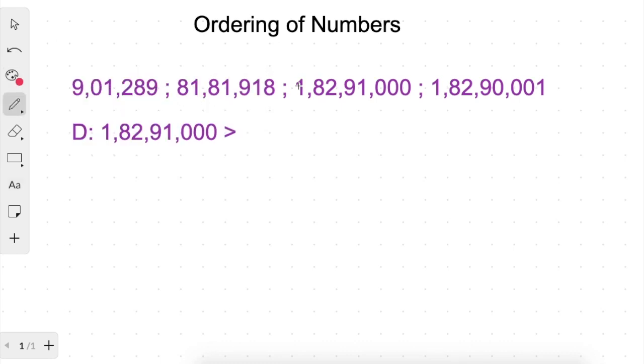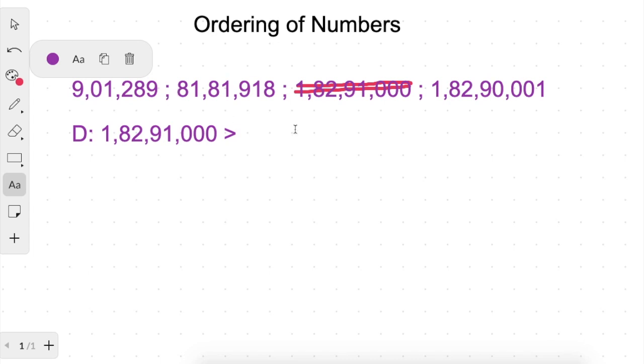I'll just cut the number that I have used. I have already written this, so I'm not required to see this one now. Now you have to think which is the next greatest number among these three leftovers. Now this is the greater number, so we'll write this one here.